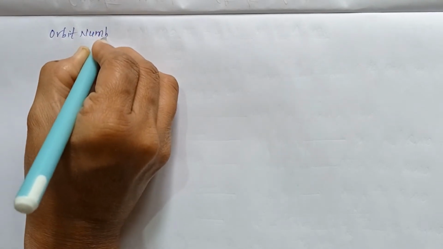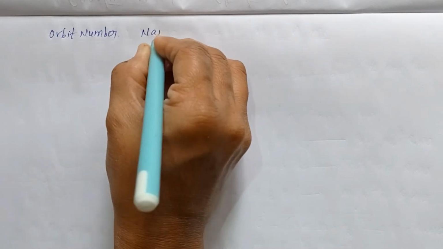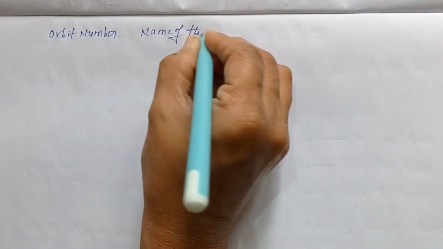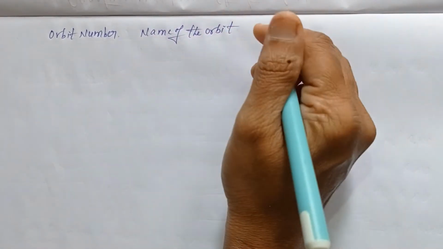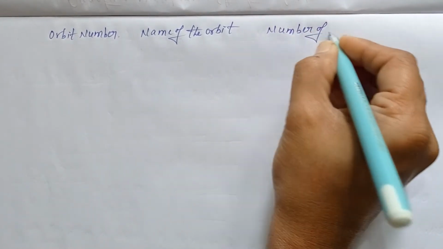Here is one table. Orbit number is the first column. Second, name of the orbit. Third column, number of electrons.